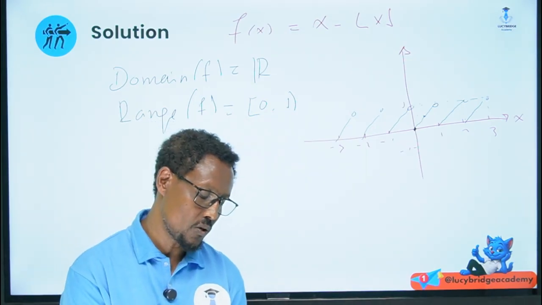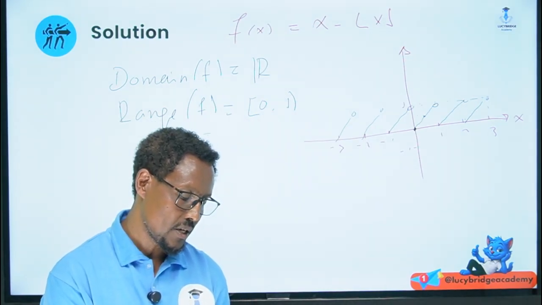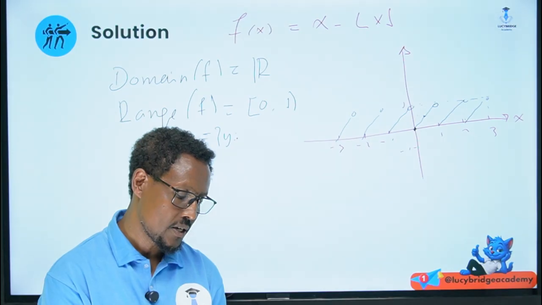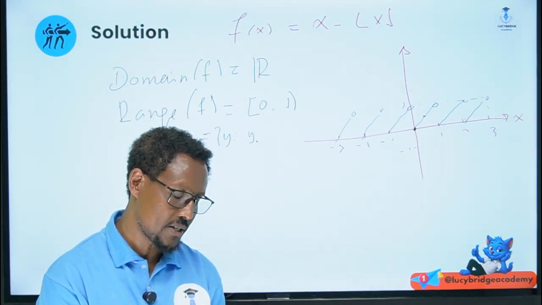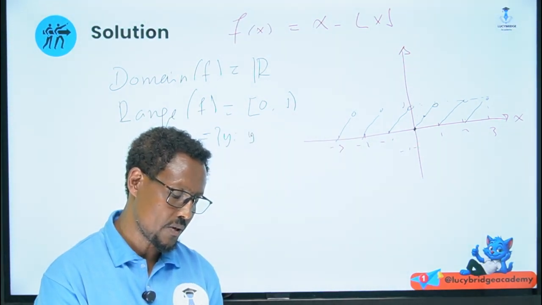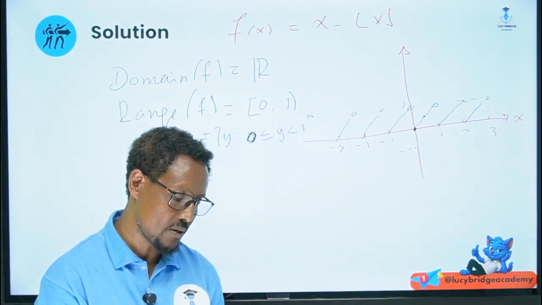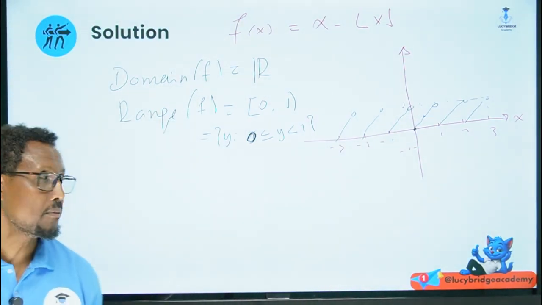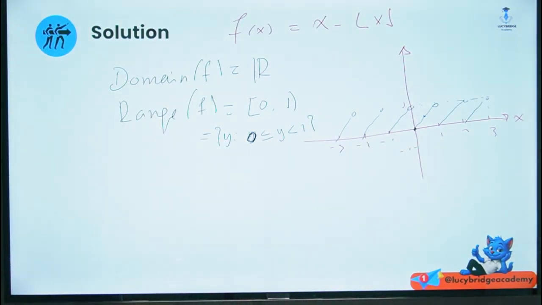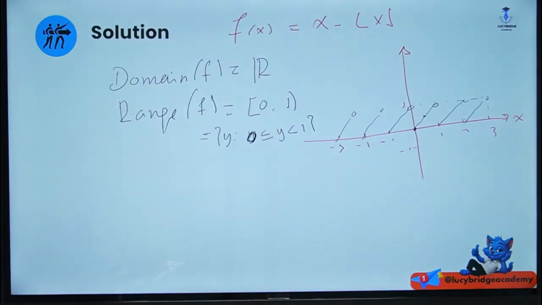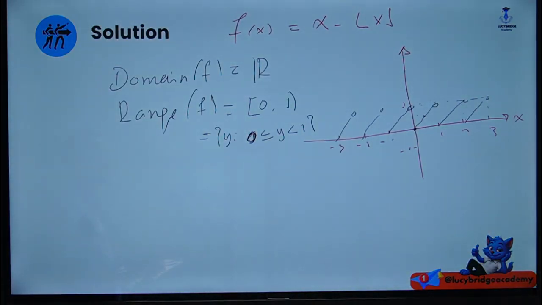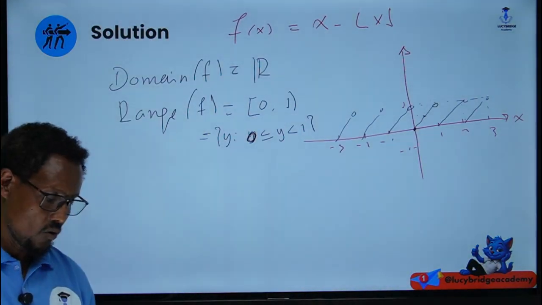It doesn't include 1. This means simply y such that y is between 0 and 1, 0 less than or equal to y less than 1. The range is between 0 and 1 including 0, whereas the domain is the set of all real numbers.